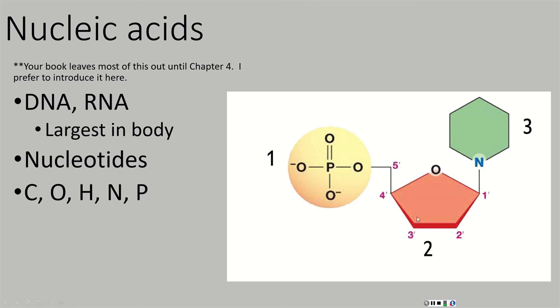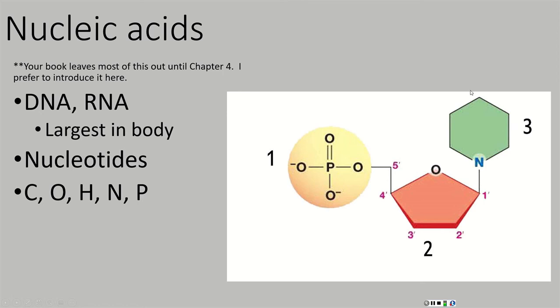Now, all nucleotides follow the same structure. Here is just a generic nucleotide, so let's see what structure it has. Right in the middle, it's going to have a 5-carbon sugar, either deoxyribose if it's DNA, or ribose if it's RNA. Either way, it's a 5-carbon sugar. On one side, it's going to have a phosphate group. On the other side, it's going to have something called a nitrogenous base.